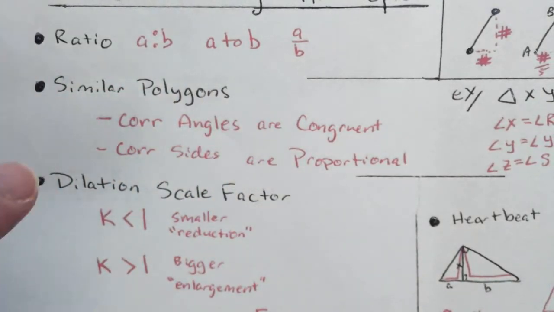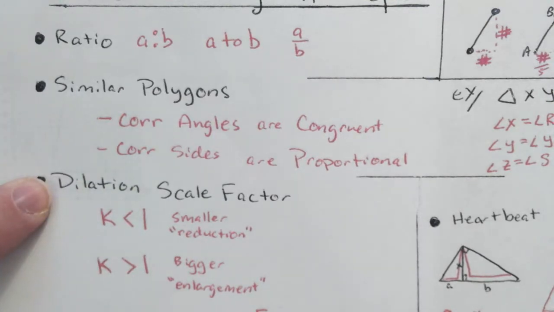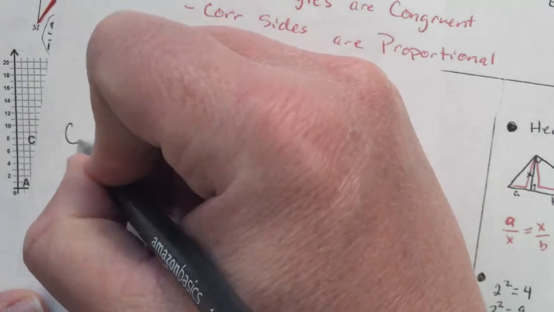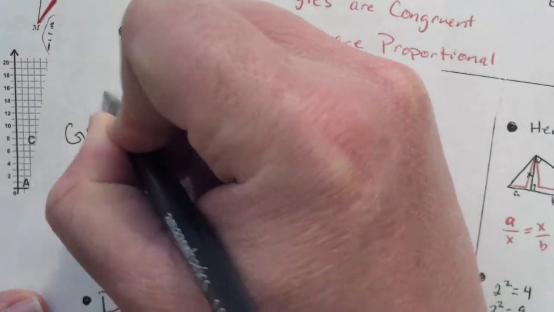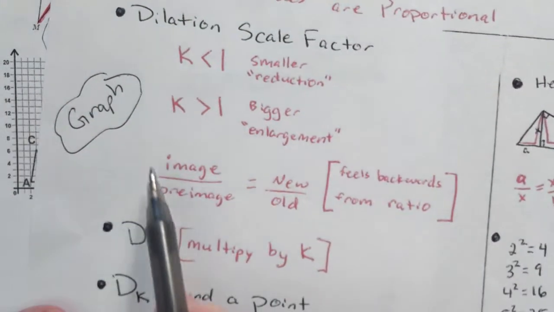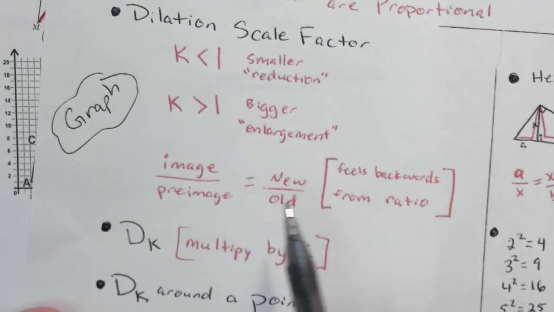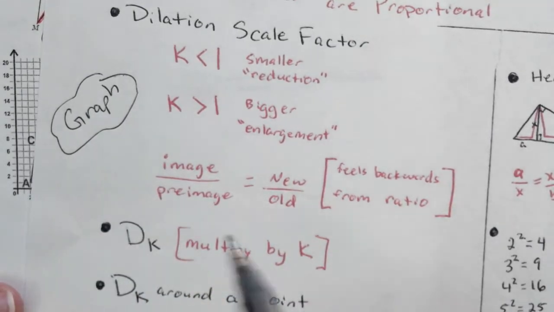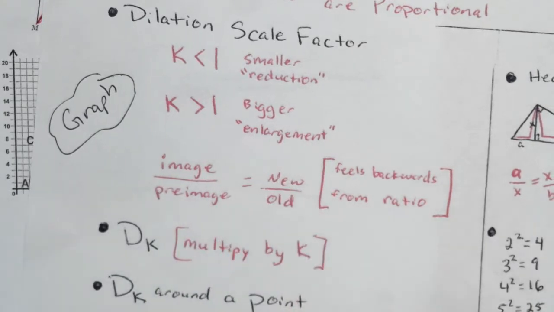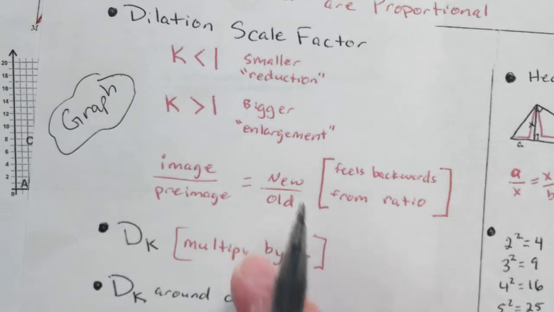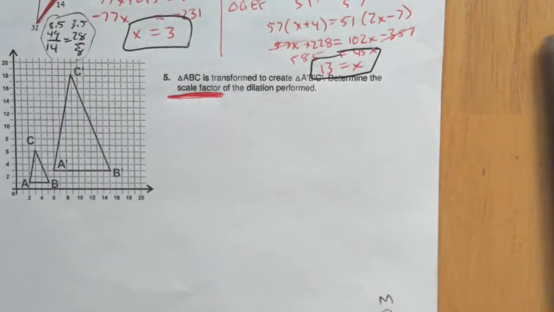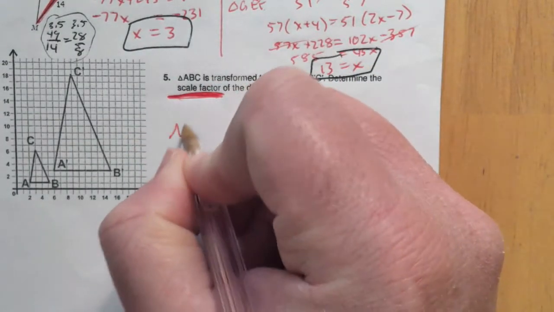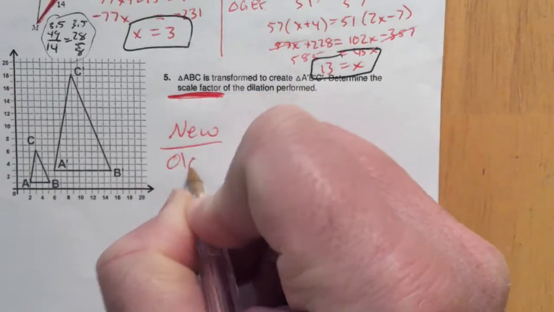But when we do scale factor, when we have a graph, it feels backwards. So instead of left to right, top to bottom, it's the new image over the old image. So the new over the old.